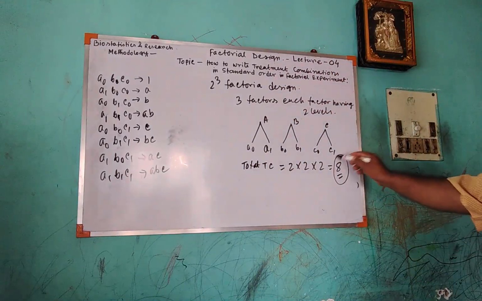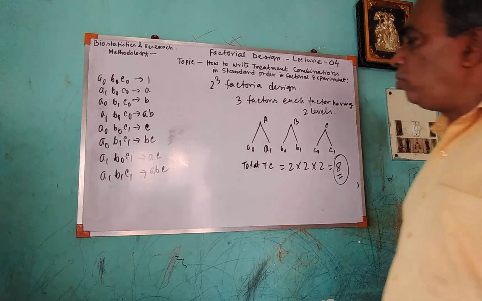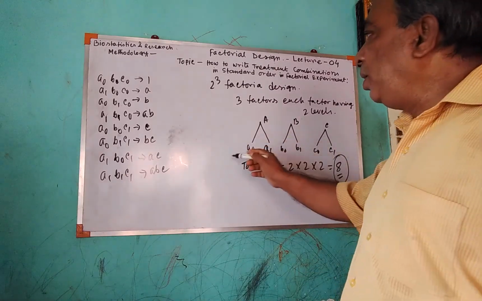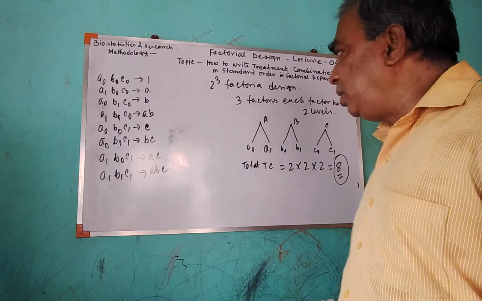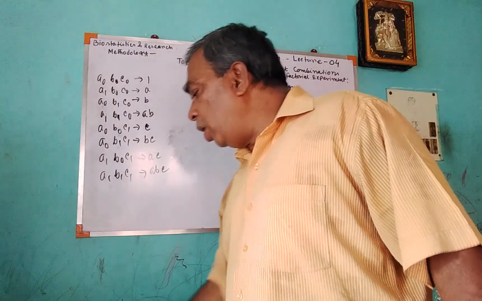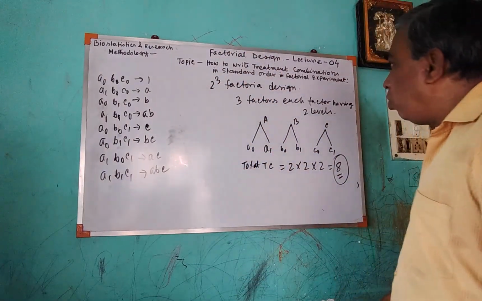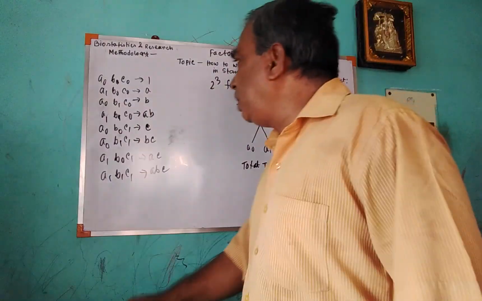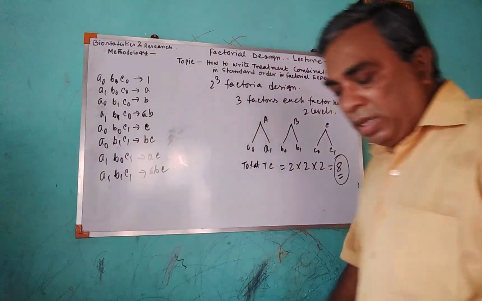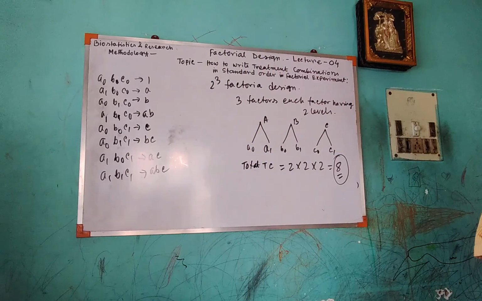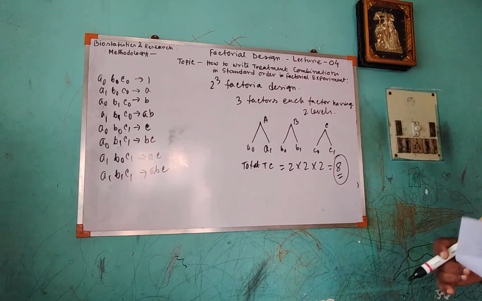Already I know this 8. There are 8 treatment combinations. How to write all these levels into 8 treatment combinations? There is a rule in standard order. Firstly you have to write this way, then it will be easy to understand.